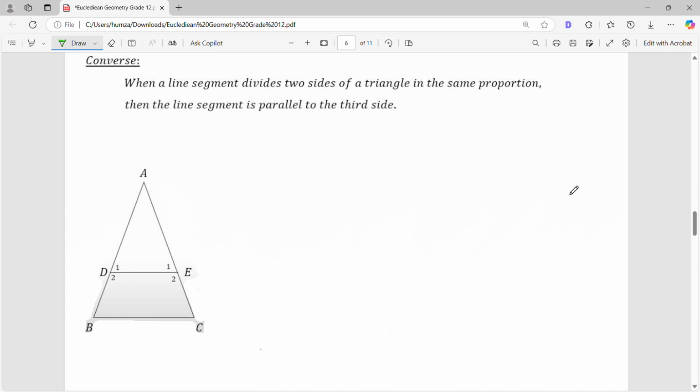So we can write it in abbreviation, and we are going to use this in our answers: segment divides sides proportionally.